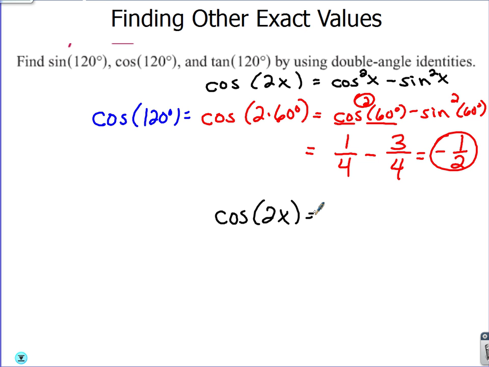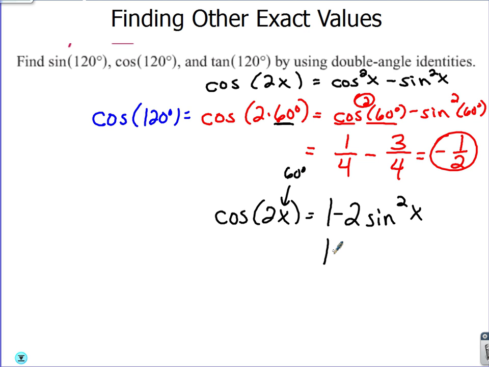Cosine of 2x is also equal to 1 minus 2 sine squared, where in this case, again, our x is 60 degrees. You're probably going to like these better because you don't have to plug in 2 different places.